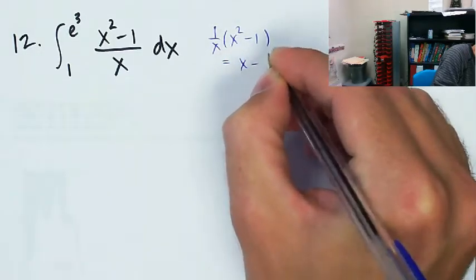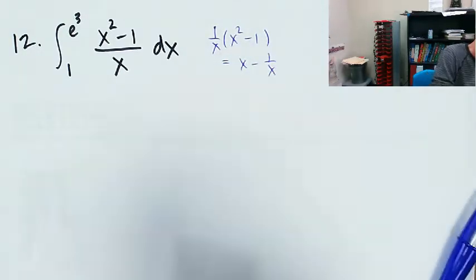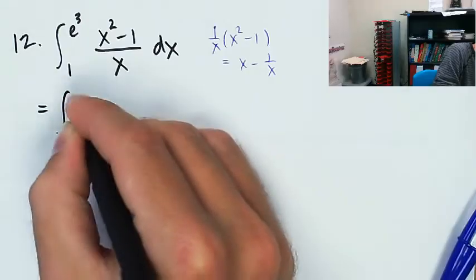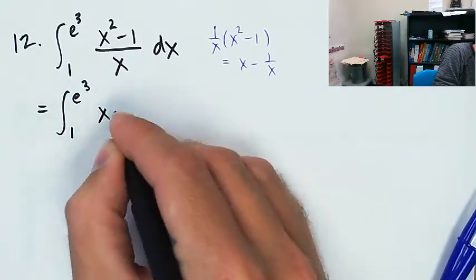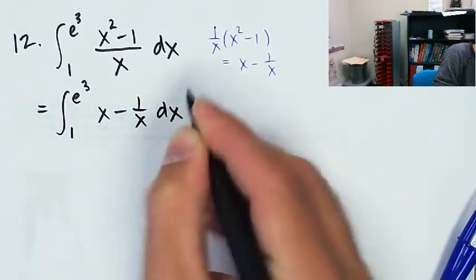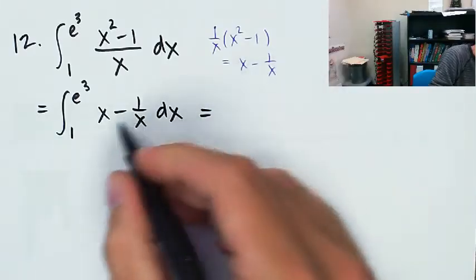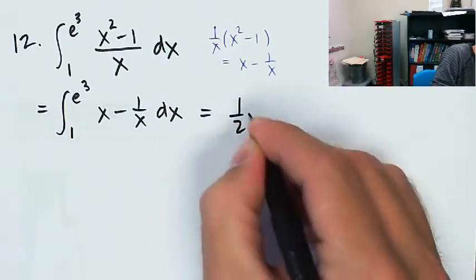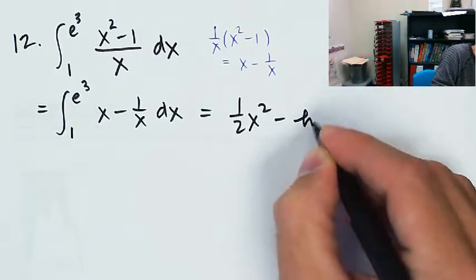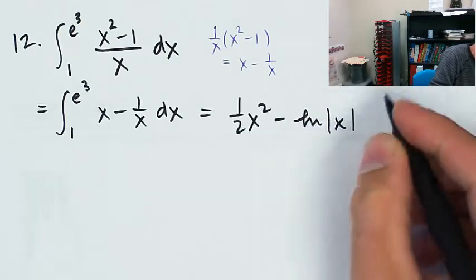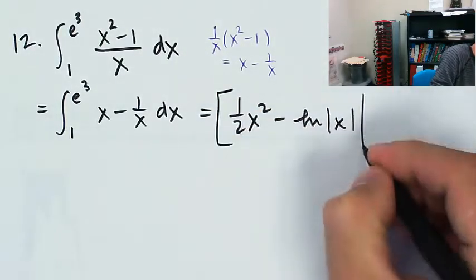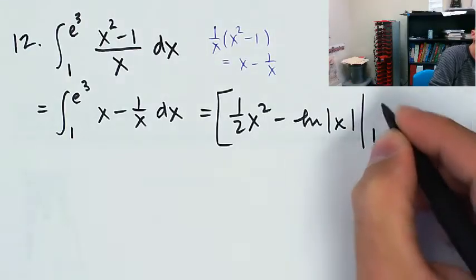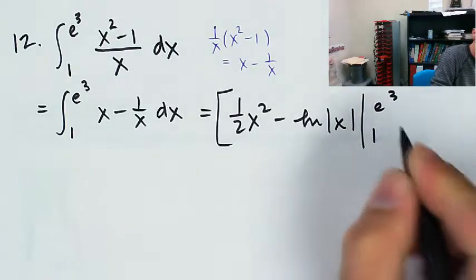That's going to be x to the first minus 1 over x. And that's going to be, okay, an antiderivative for x is 1/2 x squared minus log absolute value of x, as x runs from 1 to e cubed.